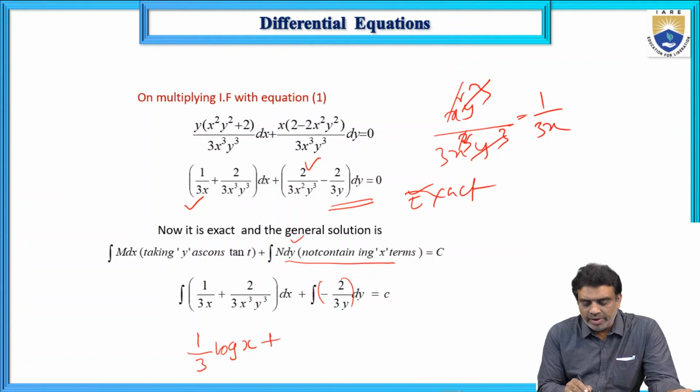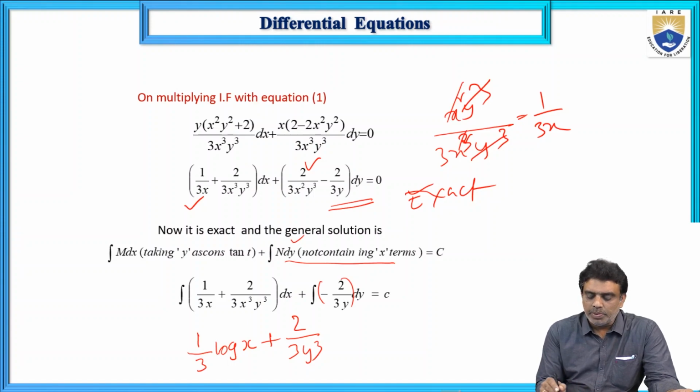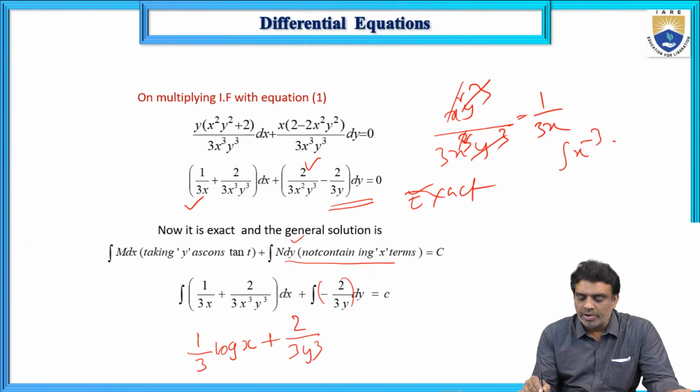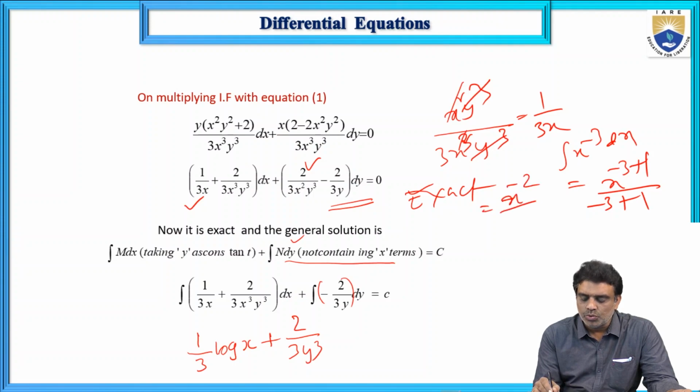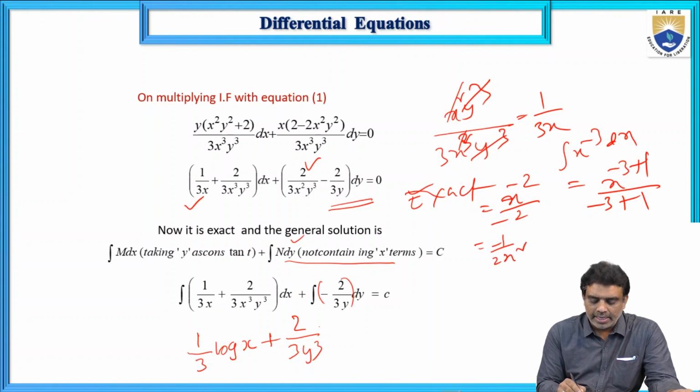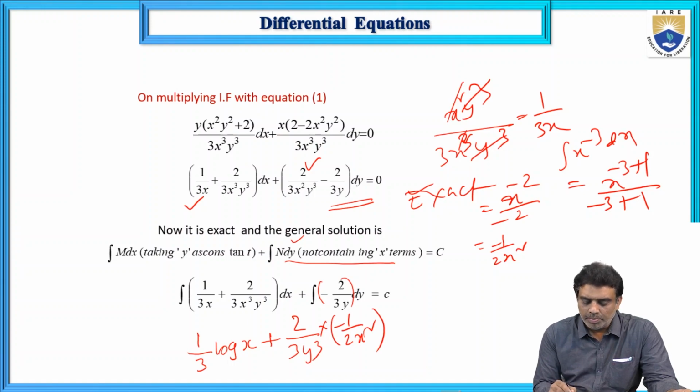Then when integrating with respect to x, 2 by 3y cube is a constant. x power minus 3 integrates to x power minus 3 plus 1 by minus 3 plus 1, that is x power minus 2 by minus 2, or minus 1 by 2x square. So I am writing minus 1 by 2x square as the integration term, plus minus 2 by 3 into log y is equal to c.